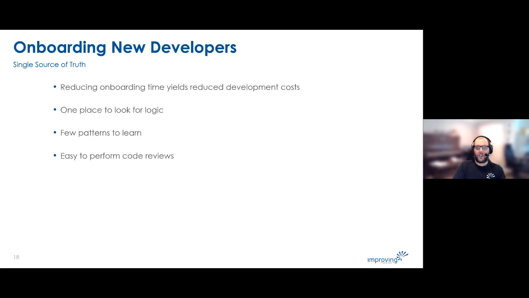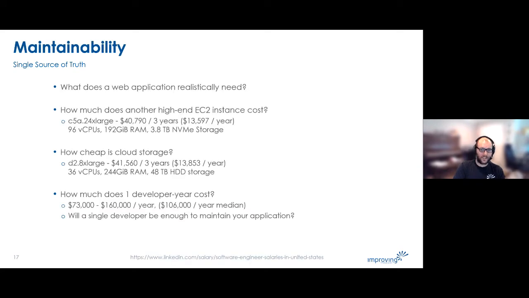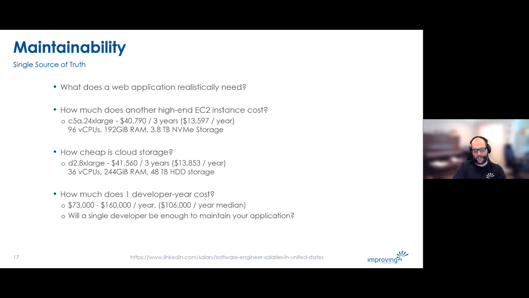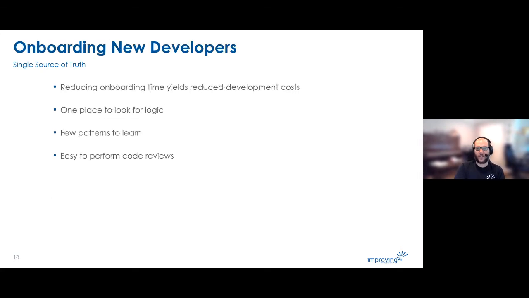So onboarding a new developer, right, is another thing that costs a lot of money. $106,000 a year you're spending on a developer. The quicker you can get them producing code, the less sunk cost that is. If it takes a month to onboard a developer, you've spent, let's for easy numbers say a tenth of the year, $10,000 if it takes a month.